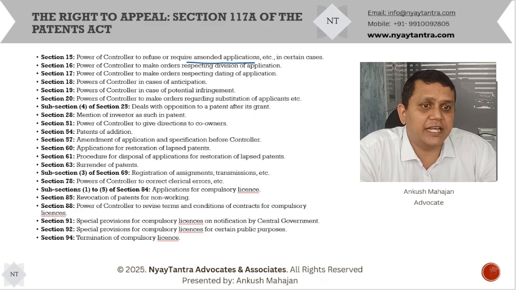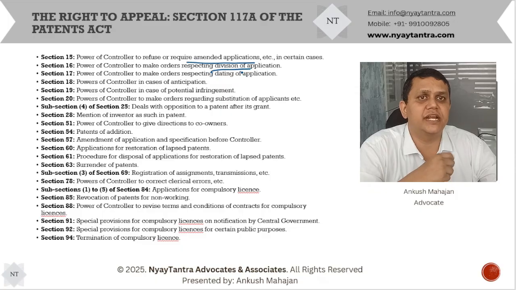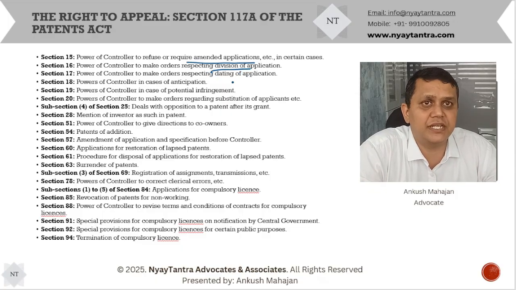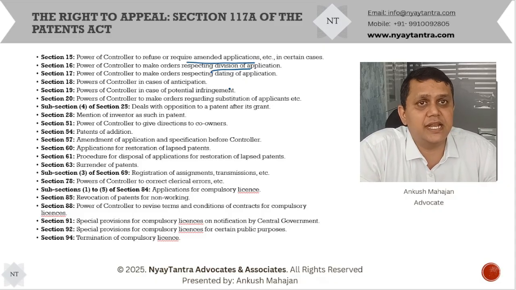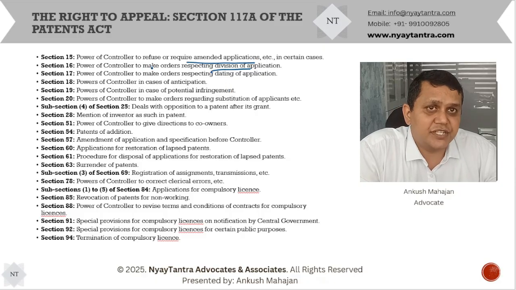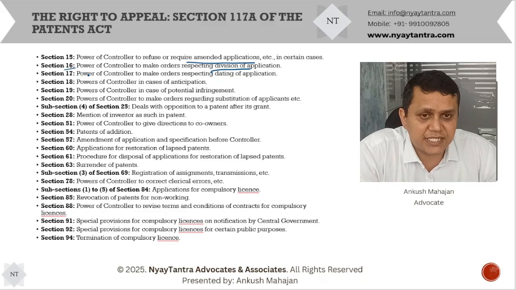Okay, regarding divisional applications, for example, the learned Controller directs you to file a divisional application and you are of the view that there is no need of filing a divisional application altogether, so your application stands rejected in that case. Then you can still file an appeal, because subsection 2 allows you to file an appeal against an order passed under section 16.